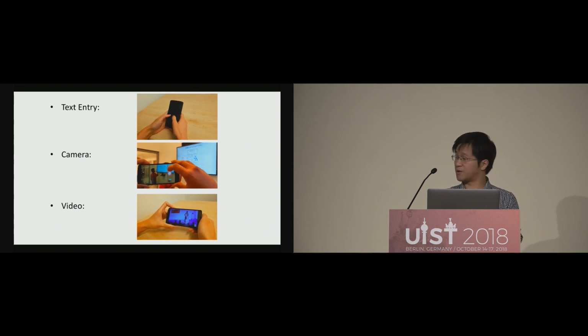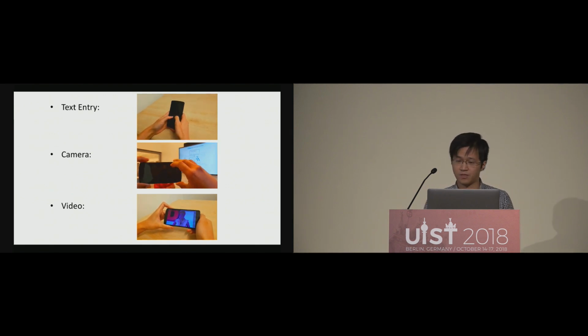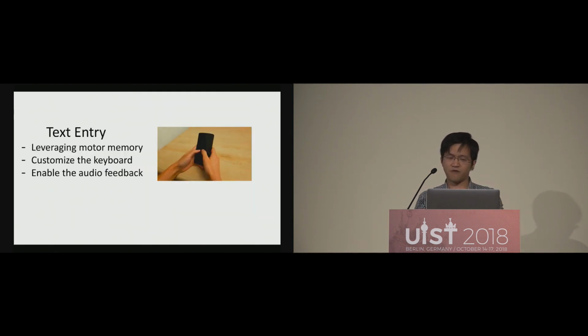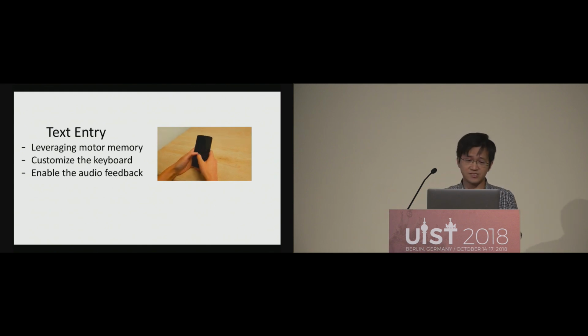So in this talk, I'm going to mostly focus on text entry. The key idea of screenless text entry is leveraging motor memory, also known as muscle memory, customizing the keyboard, and enabling audio feedback.